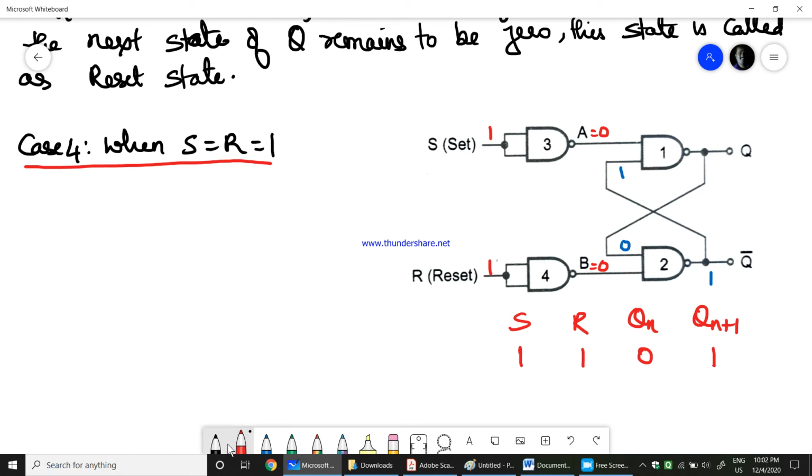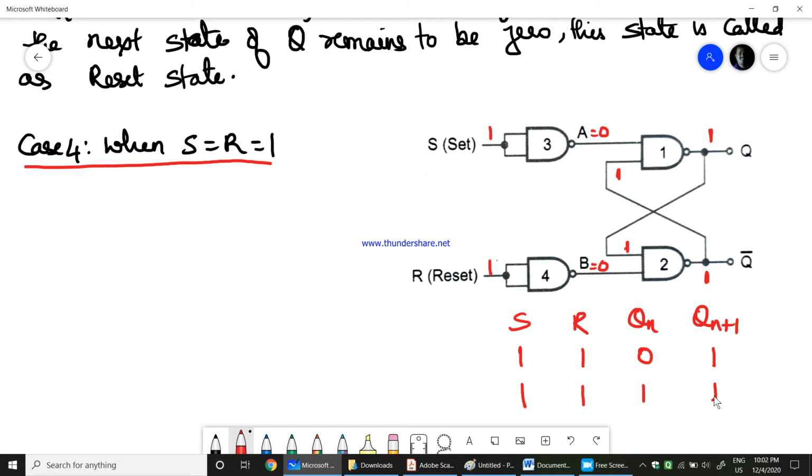Now let me assume Qn to be equal to 1. This 1 came here. This 1 NANDed with 0, I got 1, as one of the inputs is 0. This 1 NANDed with 0, I got 1. So when both are 1, 1, I got 1.